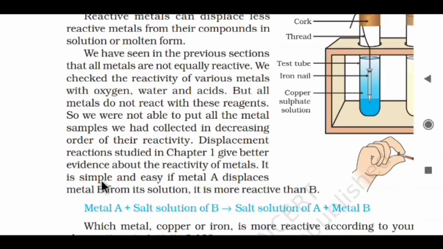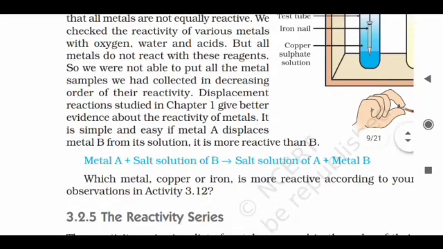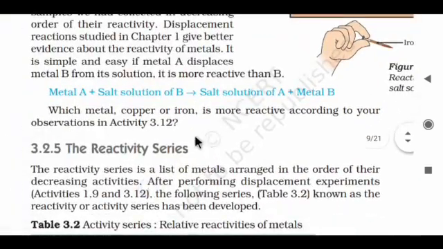It is simple and easy. If metal A displaces metal B from its solution, it is more reactive than B. A will be more reactive than B because it displaces the metal B. Metal A plus solution of B will give you solution of A and metal B. So A will be more reactive in this case.